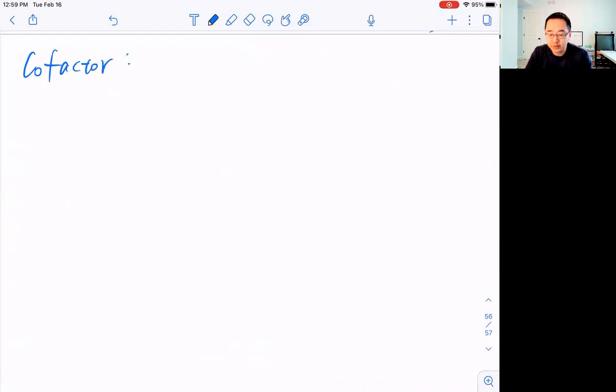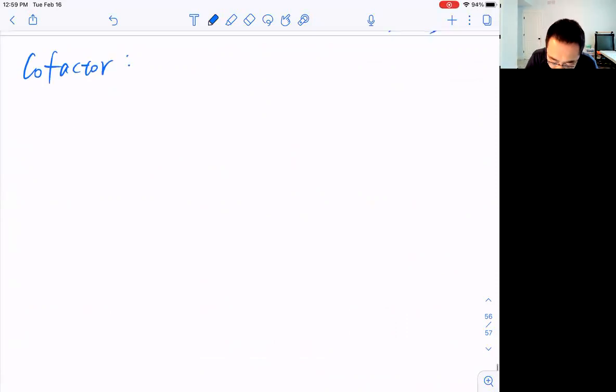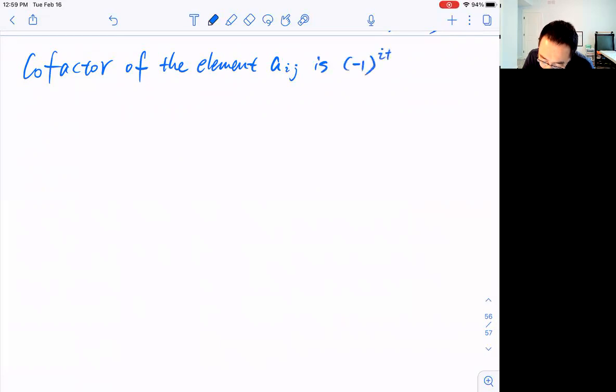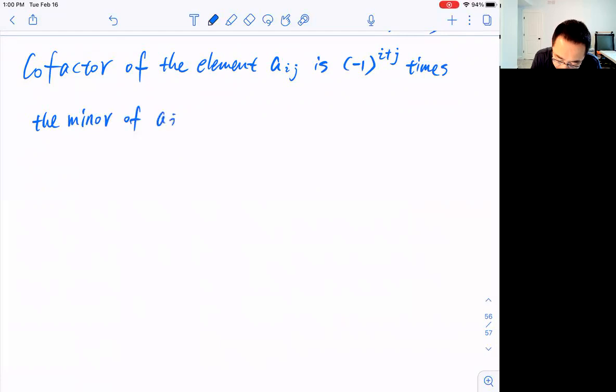The cofactor of an element Aij, just like before, is -1 raised to the i plus jth power times the minor of Aij.